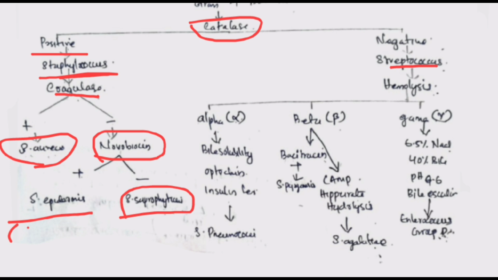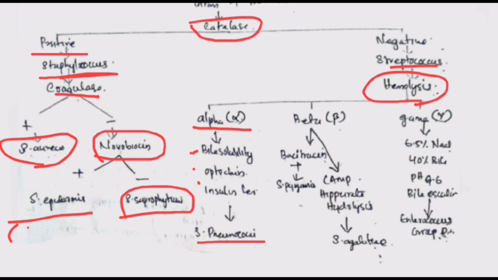Now, for catalase-negative cocci, Streptococcus, we classify them based on hemolysis on blood agar. Alpha hemolysis is partial hemolysis. The main organism here is Streptococcus pneumoniae. To confirm it is S. pneumoniae, we perform bile solubility, optochin sensitivity, and inulin fermentation tests.